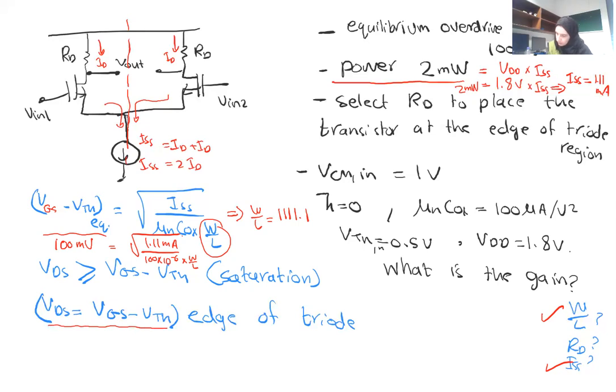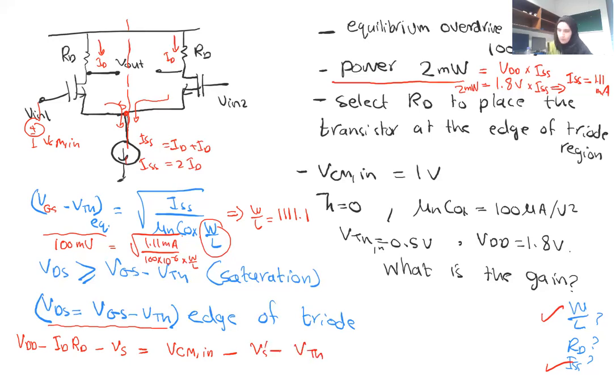Now VDS is basically equal to VGS, which is equal to the common mode voltage of the input applied here, VCMN, minus V threshold.